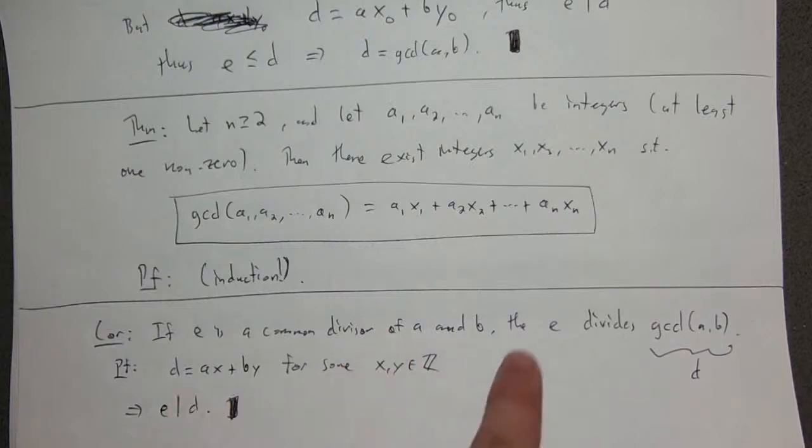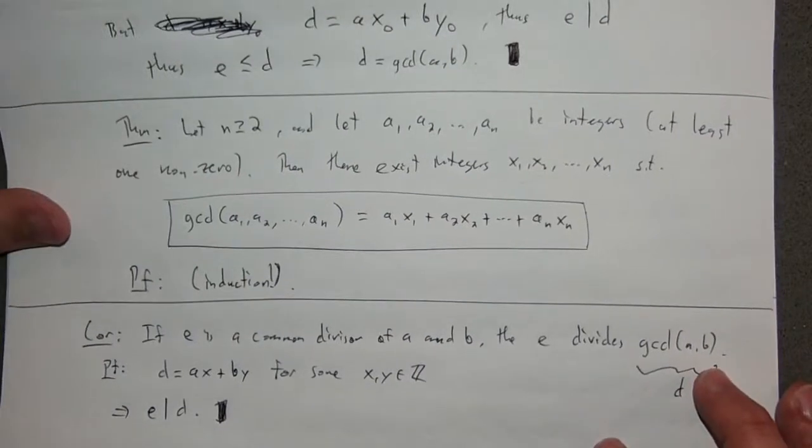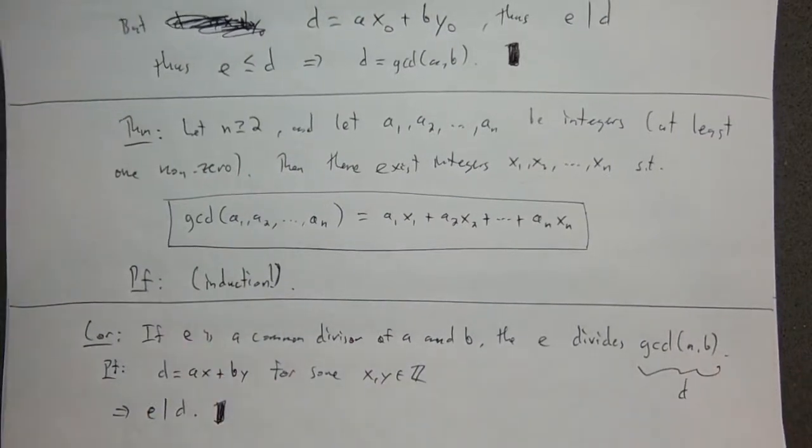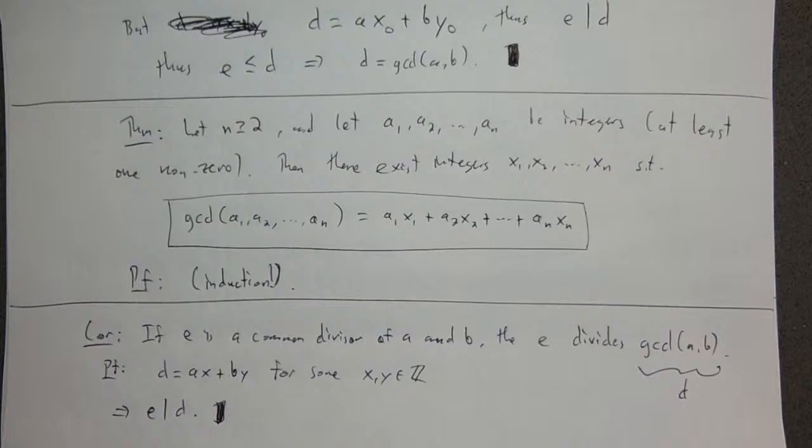So you divide A, you divide B, you divide the linear combination, which is the GCD by this previous theorem. Okay, so this is the thing I was mentioning when I said this gives us a really nice characterization of the GCD, which is that the GCD is the common divisor that any other common divisor must also divide. Okay, so that's a nice fact.